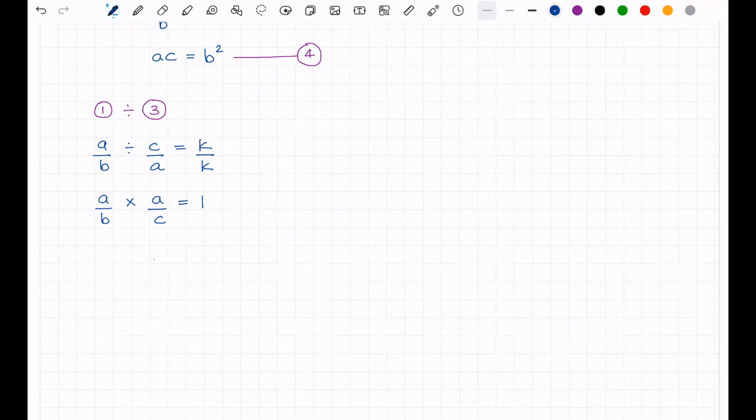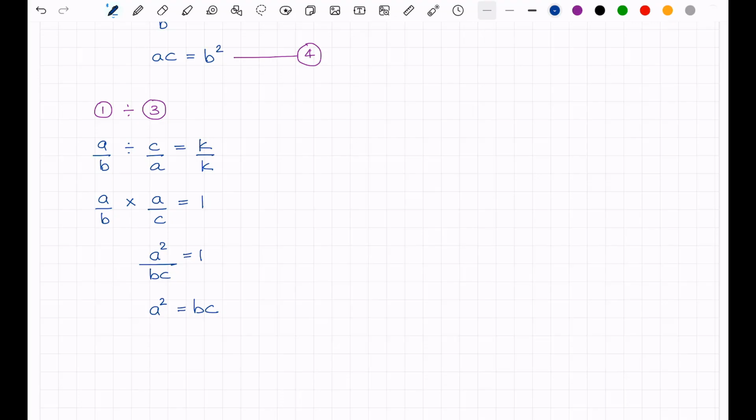So here we can say a times a is a squared, and that is divided by bc, and that's equal to 1. And I'll multiply both sides by bc, and I'll be left with a squared is equal to bc. What I'd really like to do is be able to substitute something into equation 4.